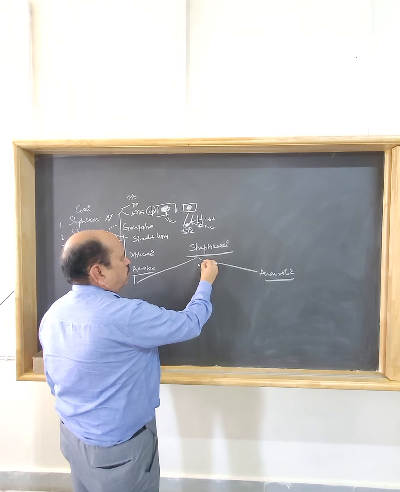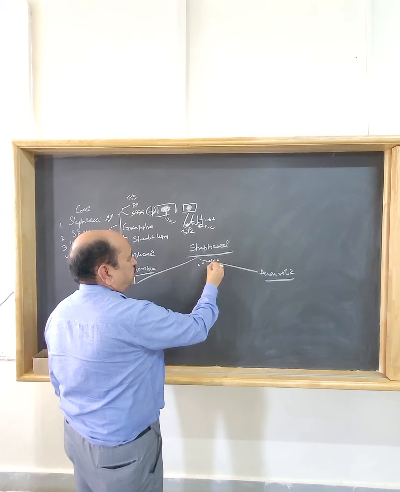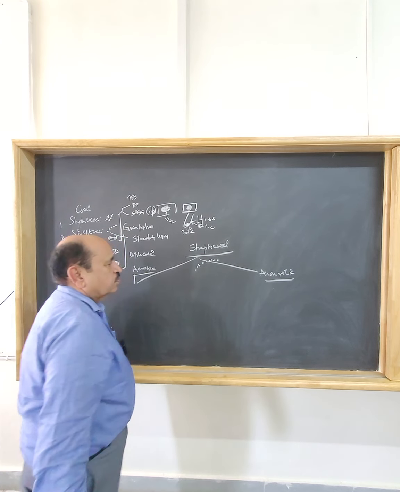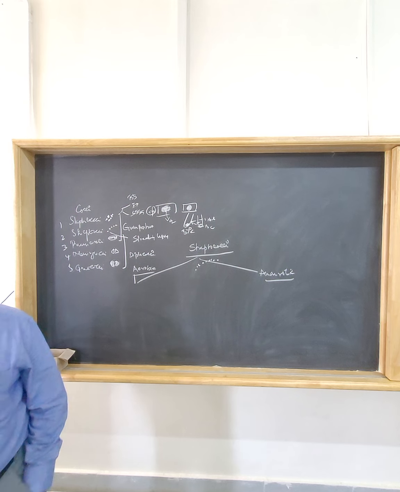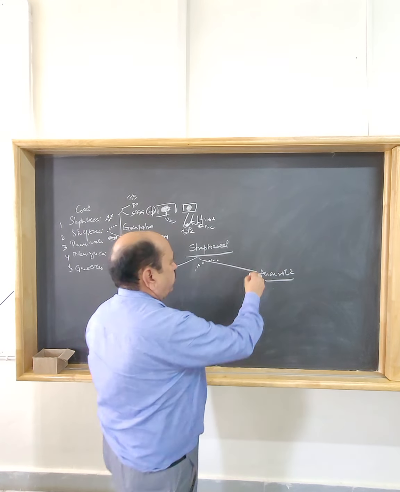Aerobic, they grow in the presence of oxygen. Anaerobic, they grow in the absence of oxygen. Example of anaerobic streptococci is peptostreptococci.